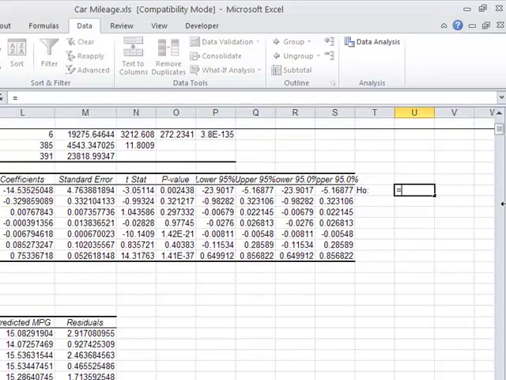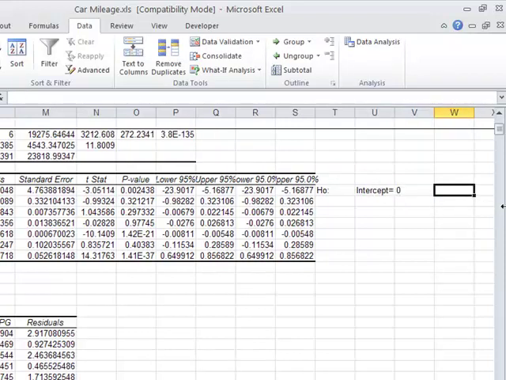It looks something like: intercept equals, I'll put this in quotes, equals 0. I have to put an and sign in here, and there we go. Intercept equals 0. So that's the null hypothesis.